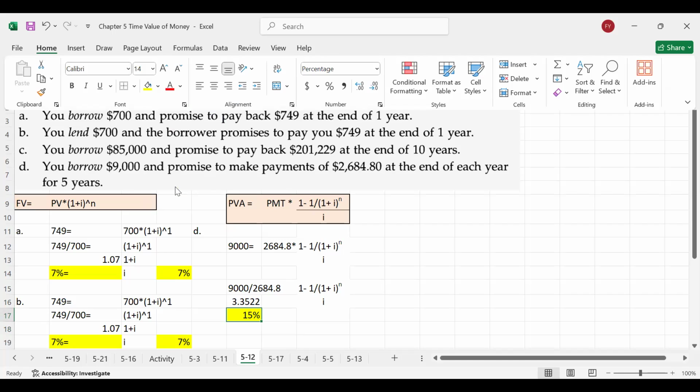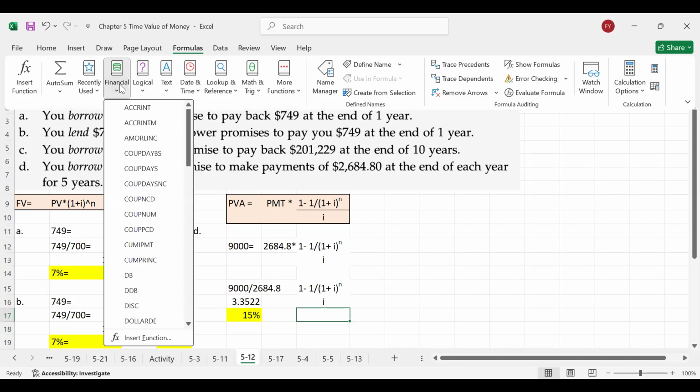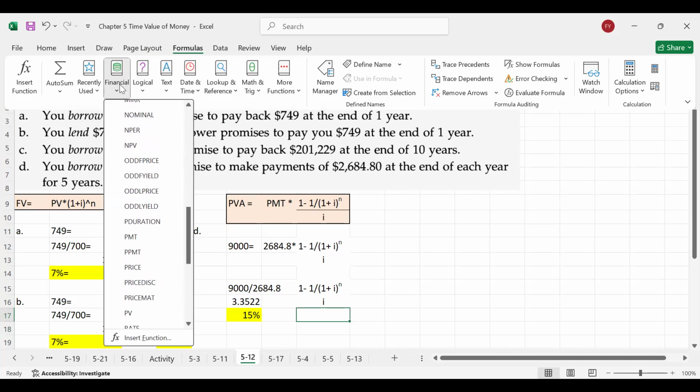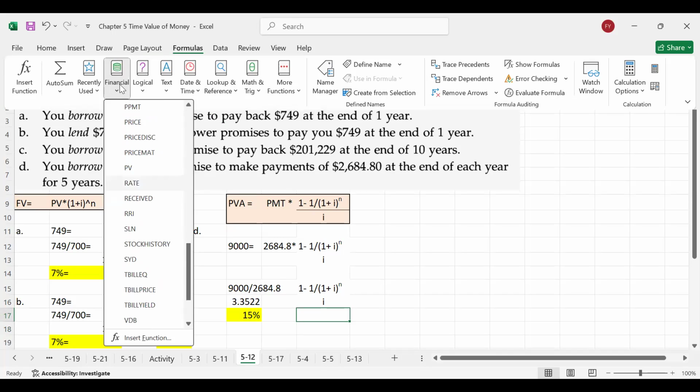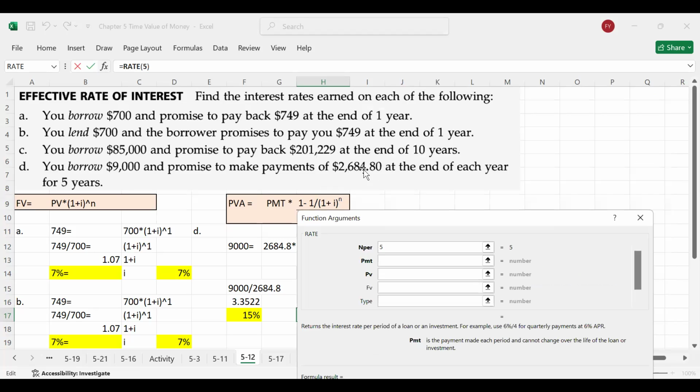So now we can calculate it via Excel sheet formula. Here we have formula, financials, and the rate of interest, or the rate. Now, how many time periods are involved? 5 years, so we can write 5. In this case, PMT is given. PMT means payment, which is 2684.80. We will deduct it: you borrow, and you promise.